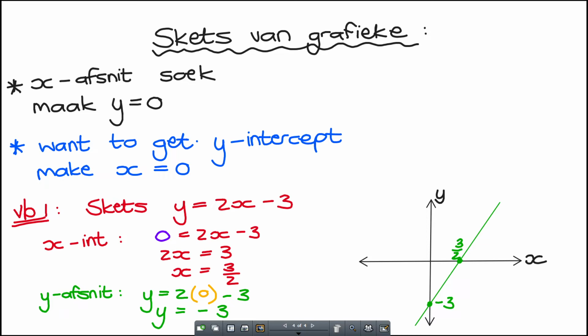Okay. Ek wil net gou vinnig vir jou net weer herinner aan 'n paar goedjies wat jy ook in graad 9 geleer het in terme van gradiënte, the gradient, né?